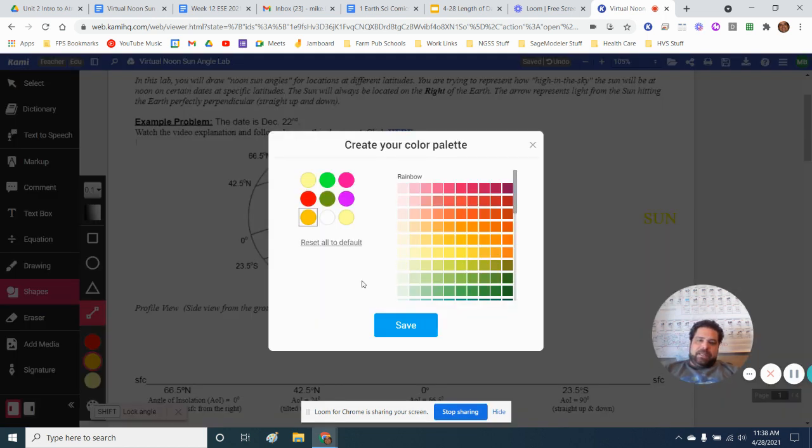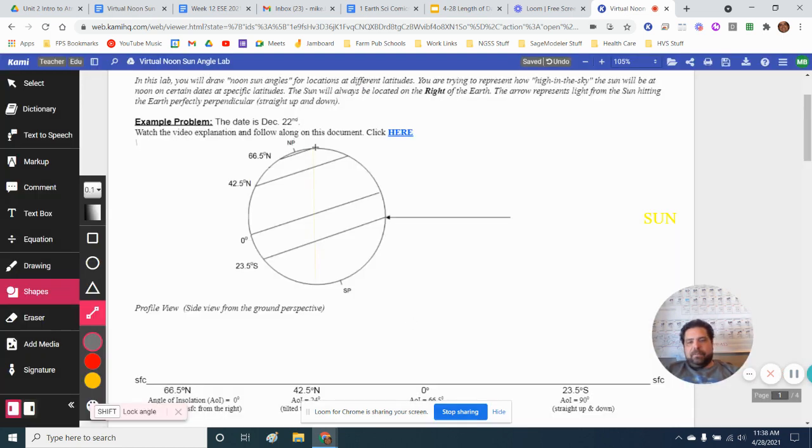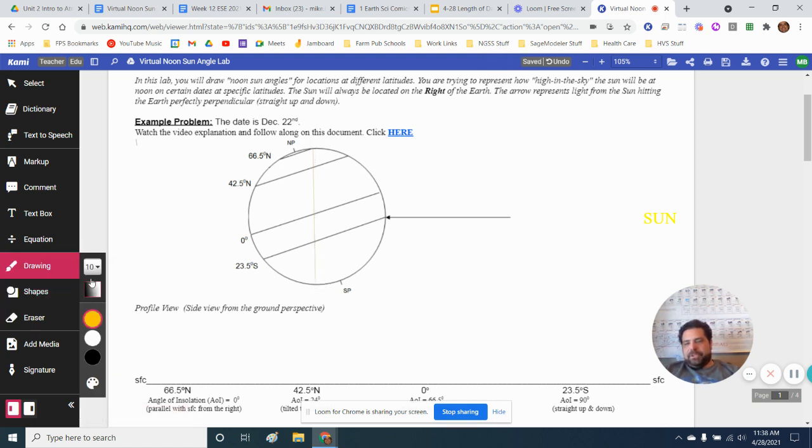If the sun is on the right side, then I know nighttime is going to be right here. This is going to be the division of night and day, and that means I can shade in this area as nighttime, but I really don't feel like doing that right now in terms of saving time. So everything on the left is nighttime, everything on the right is daytime.